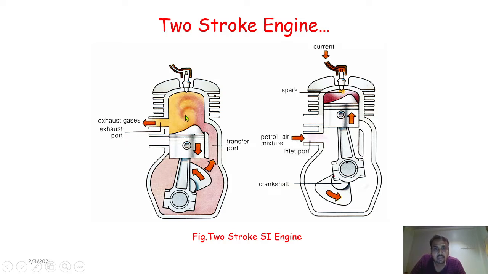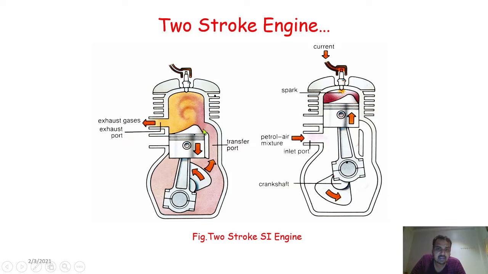Exhaust gases will be generated inside this chamber, and that exhaust gas pressure will act on the piston crown, and because of that pressure the piston moves from TDC to BDC. The exhaust gas has very low density.